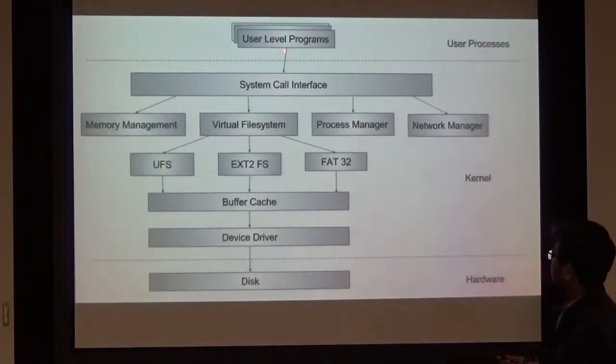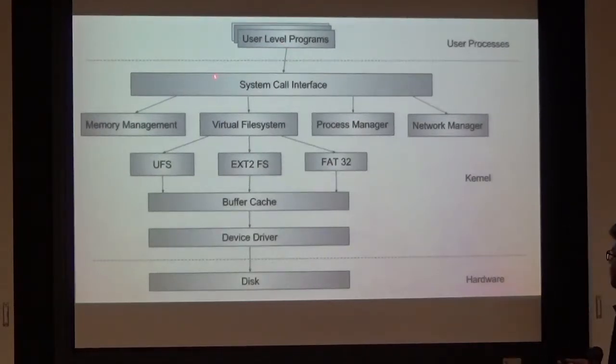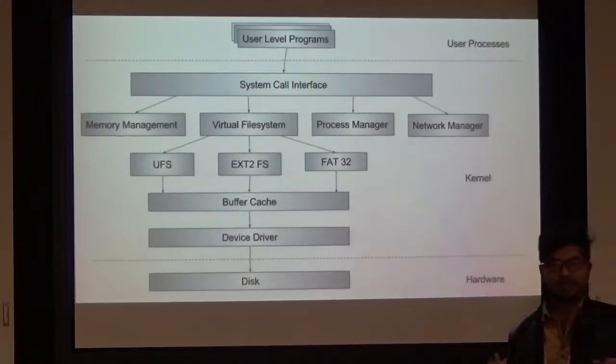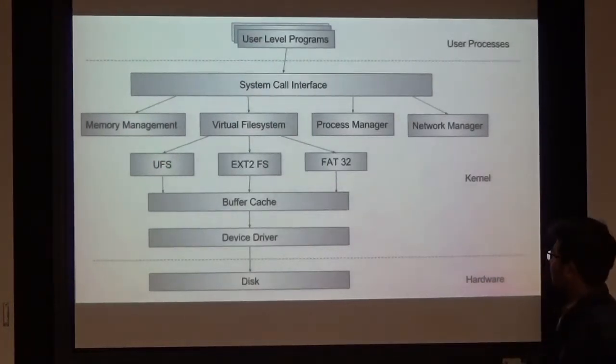User level processes deal with the system call interface, and the system call interface in turn invokes the exact subsystem of the kernel.